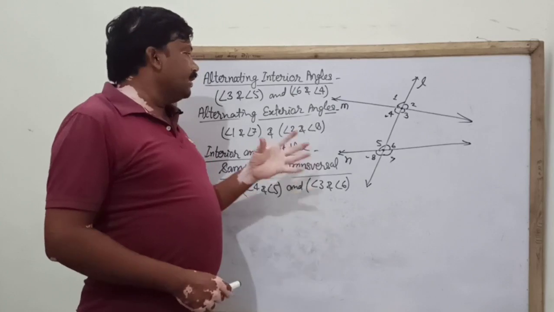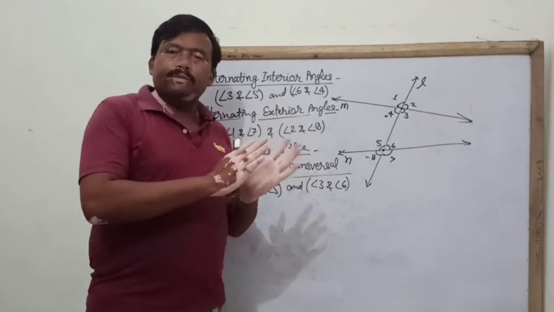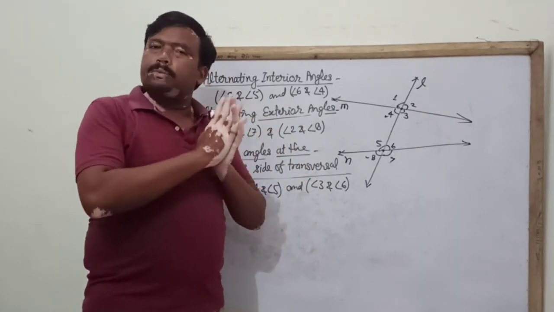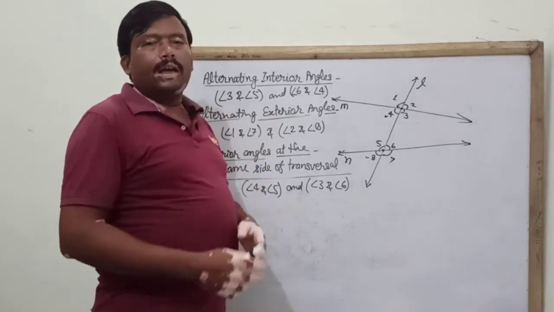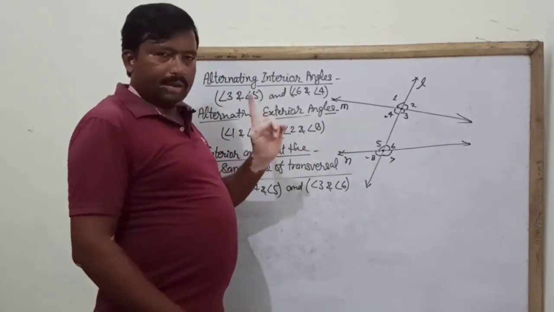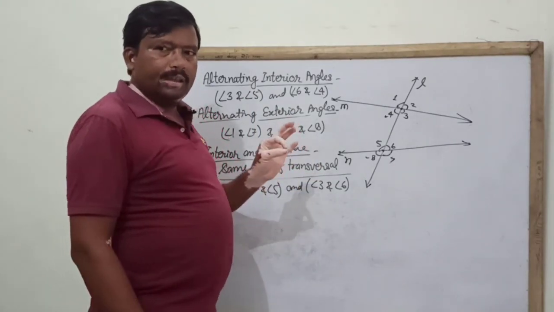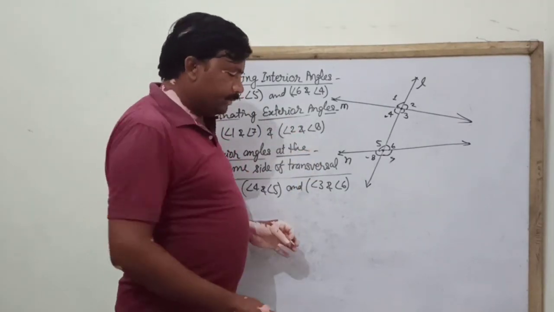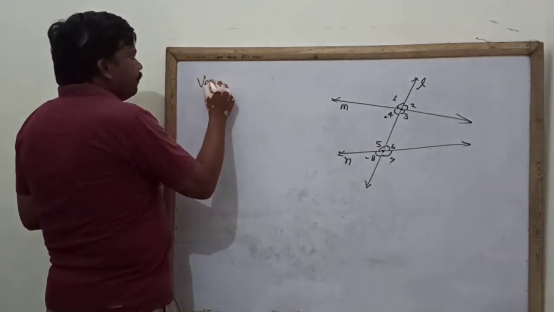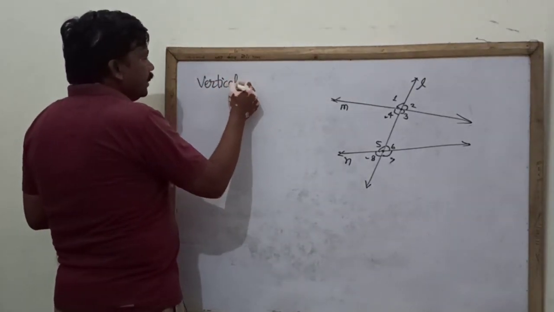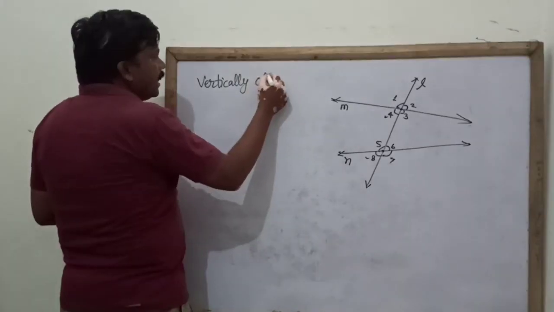These were some terms which we have to learn for further studies. Now, can you tell me the pairs of vertically opposite angles?